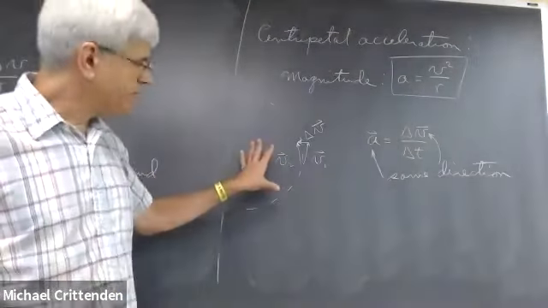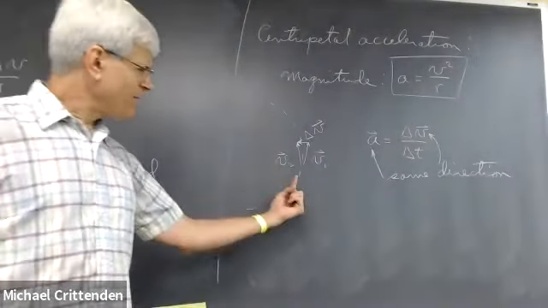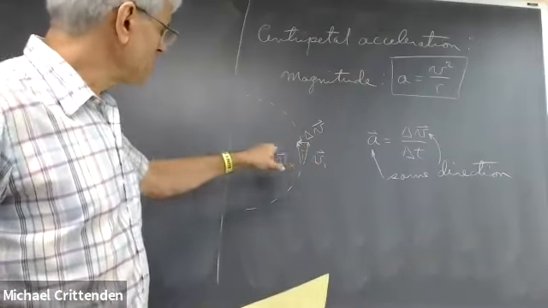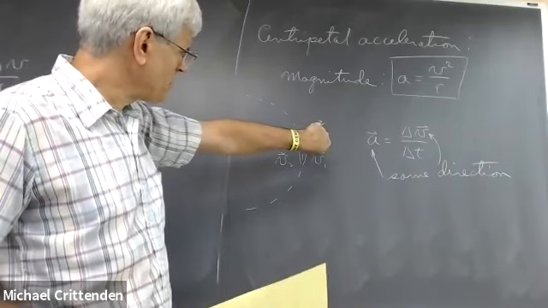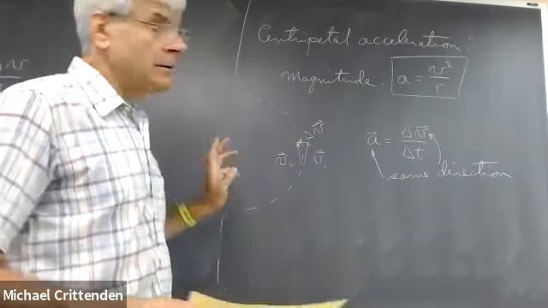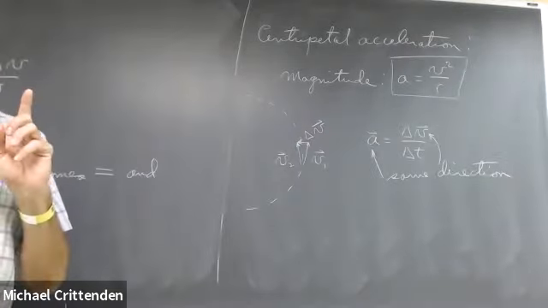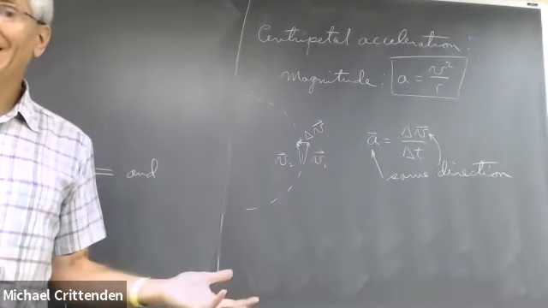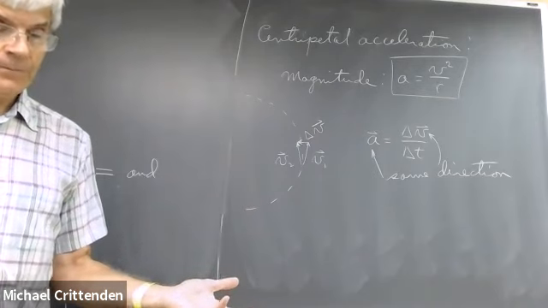People can be kind of bothered by this. It's like, well, if you're moving toward the north, how can your acceleration be toward the west? Well, velocity and acceleration are two independent things, okay?